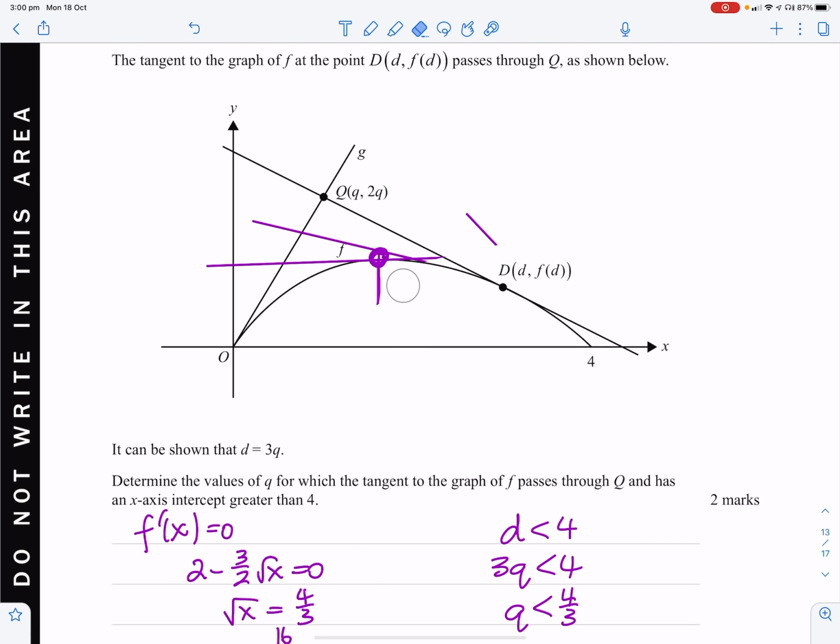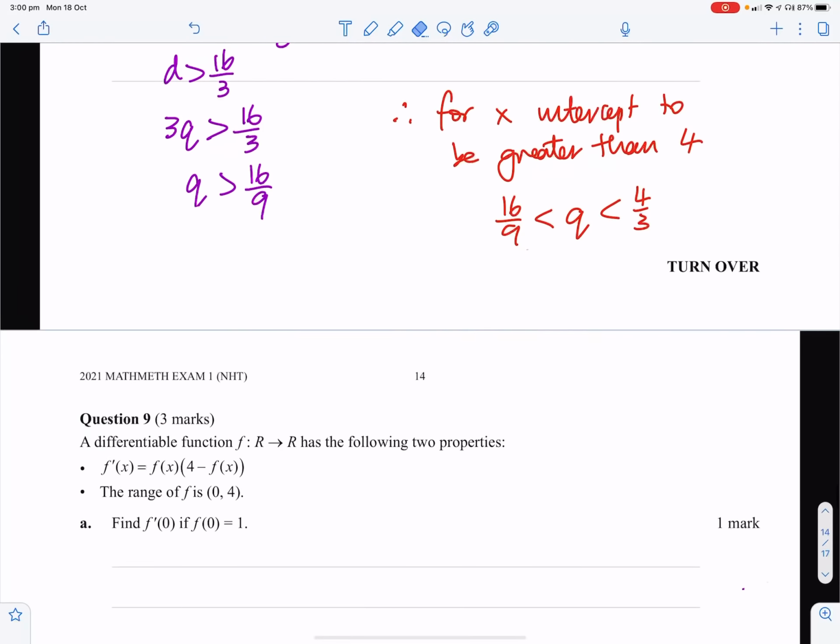So hopefully that makes sense. Because if you had a tangent that's parallel to the x-axis, it's never going to come down and intersect. At that point, the turning point's never going to intersect. Anything over here will also never have an x-intercept greater than 4.